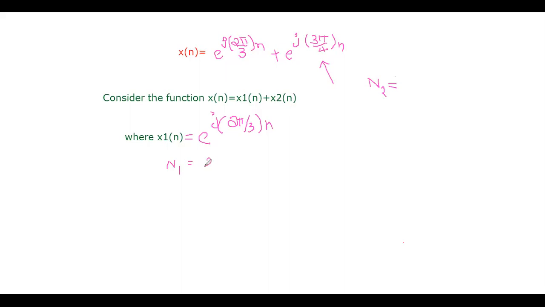So how can we determine the fundamental time period of a discrete time signal? For that purpose, we also have the necessary and sufficient condition for finding the fundamental time period of the discrete signal: N1 is equal to 2 pi by omega 1 multiplied by m1, and similarly N2 is equal to 2 pi by omega 2 multiplied by m2.